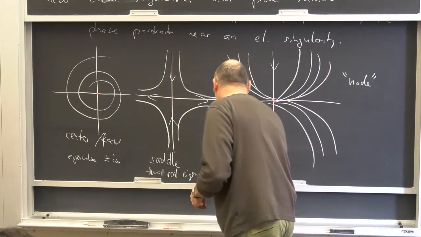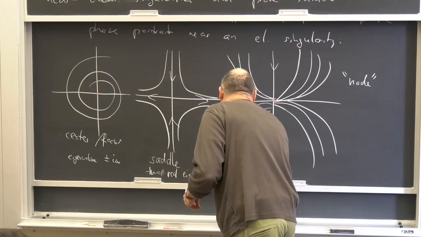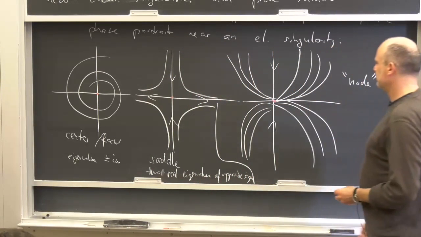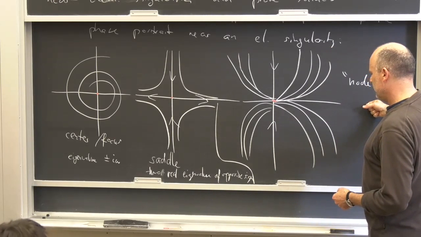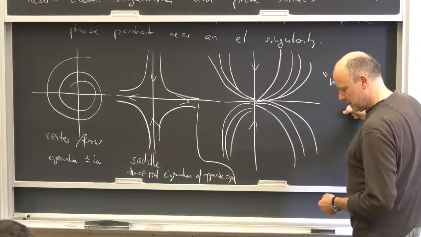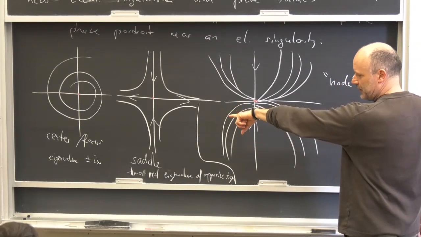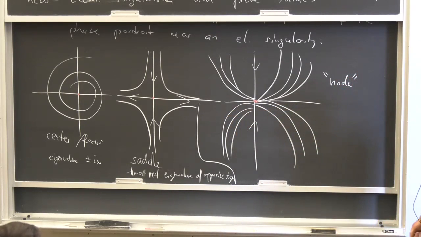So two real eigenvalues of opposite sign. In the node situation, we have, what is that again? That's when you have complex conjugate eigenvalues with non-zero real part, no?